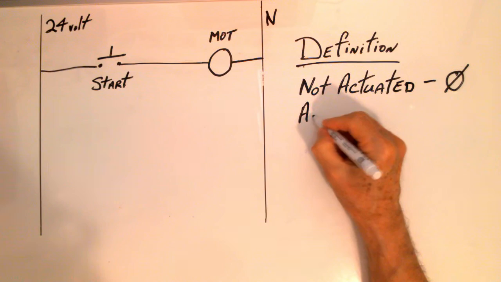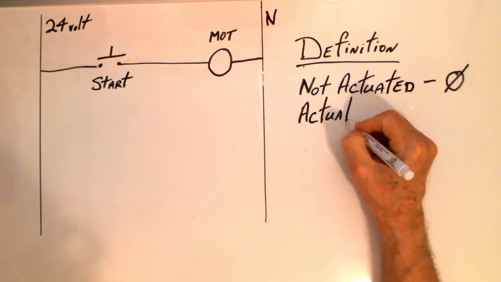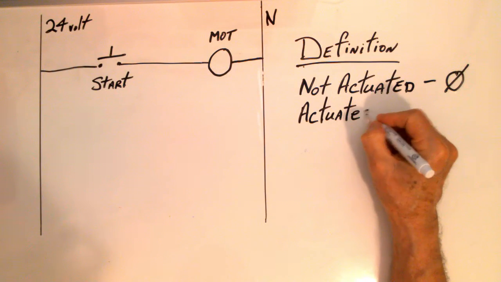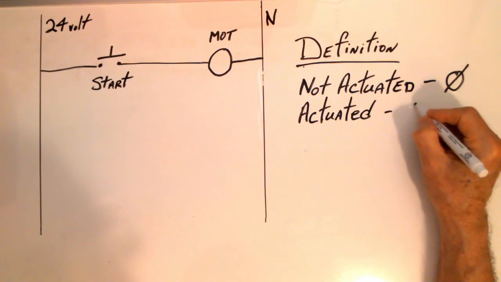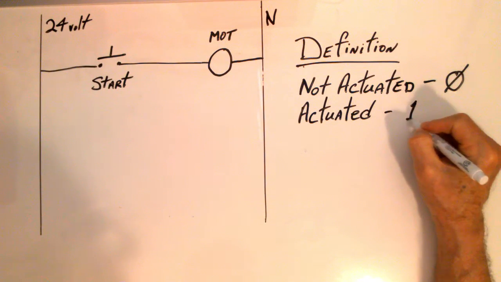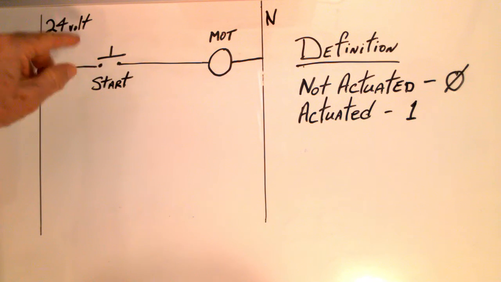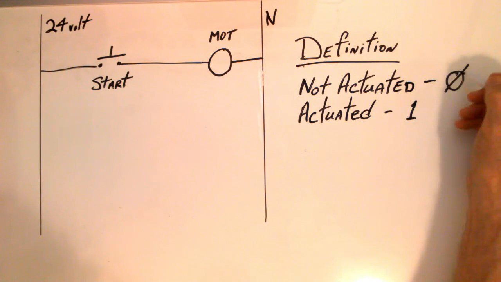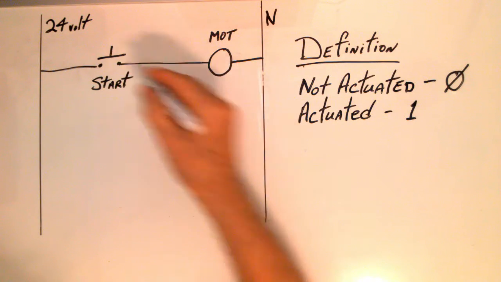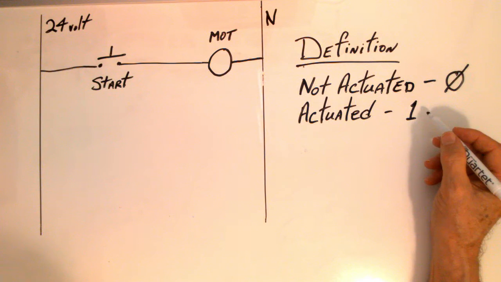If it's actuated, then we say that the binary state is equal to a 1. So if I am not pressing this button, its binary state is a 0. If I am pushing that button, the binary state is a 1.